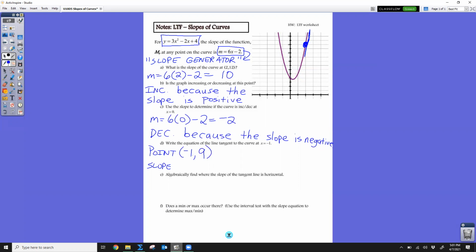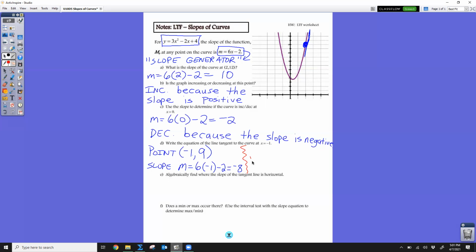That's our point. All right, and to determine the slope, 6 times -1 minus 2. That is to say, the slope at that point is -8. So to write the equation of our line that's tangent to the curve, you can do it in different forms, but I would just pick the point-slope form.